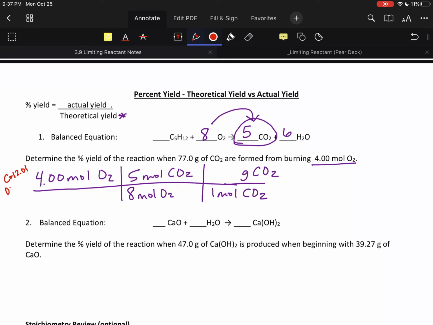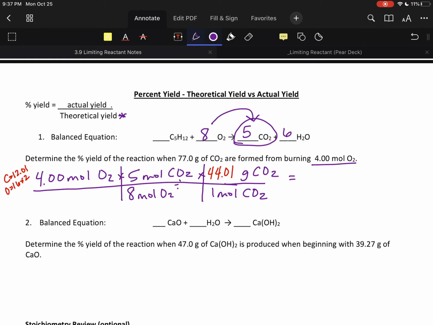Carbon is 12.01, oxygen is 16, but there's 2 of them. So when I add those together, I get 44.01 grams.